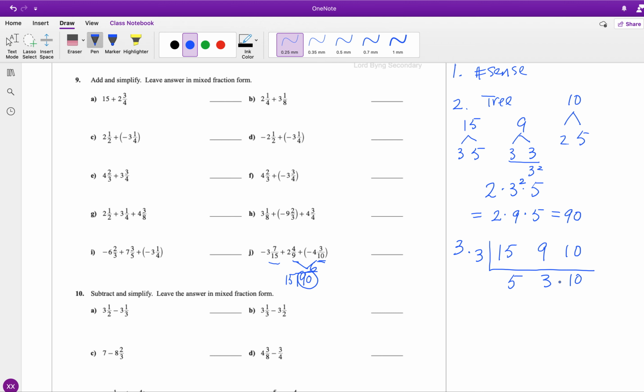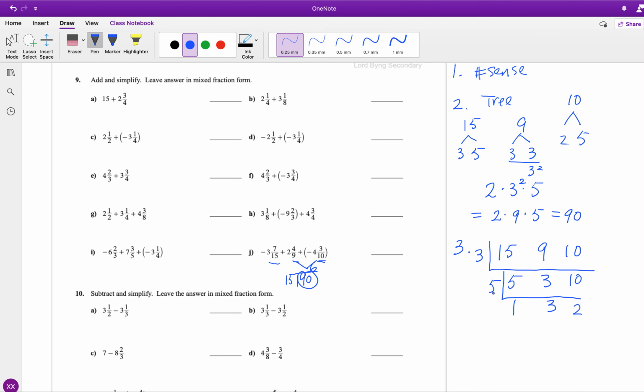Between 5 and 10, that is 5. So divide by 5: that is 1. And 3, there's nothing I can do about it, pull it down. And 10 divided by 5 is 2. Now 1, 3, and 2 have nothing in common left, so I cannot do anything anymore.